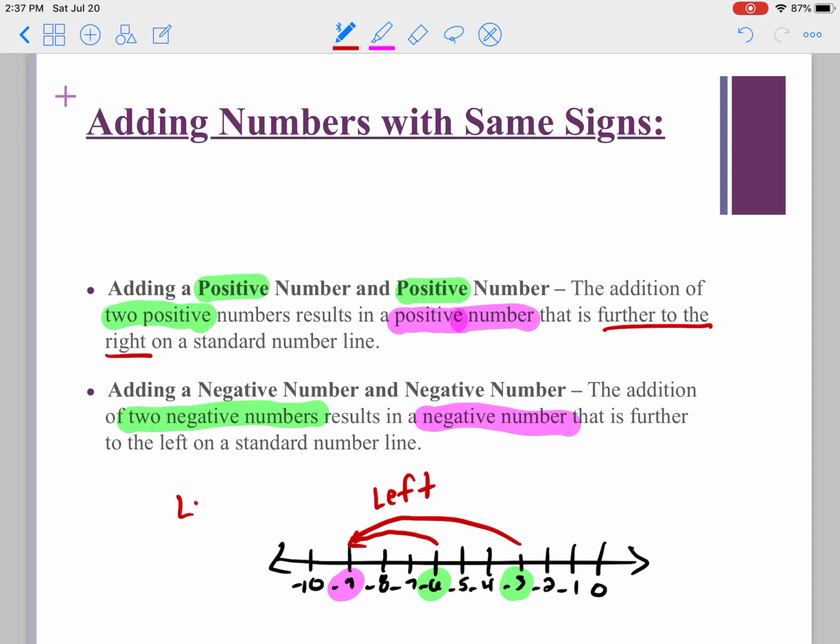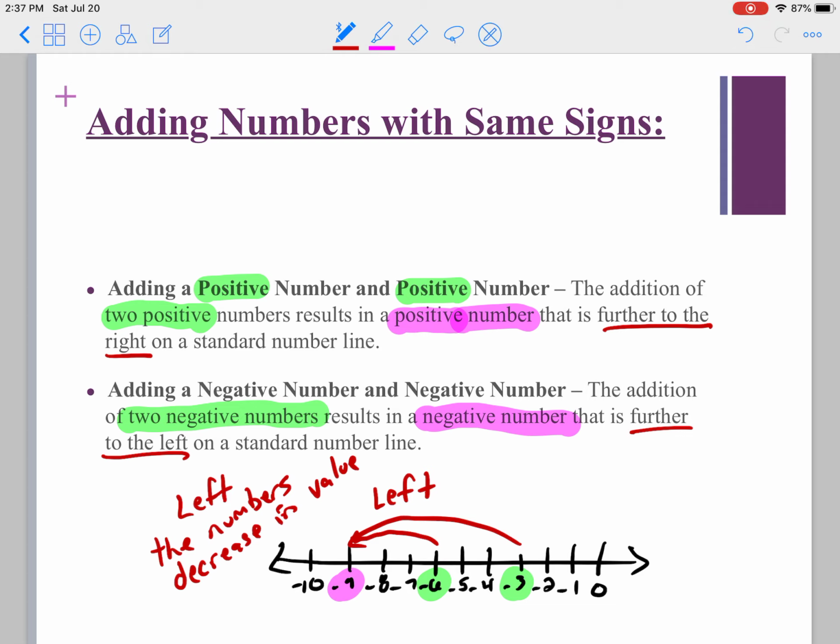So that is a visual representation on the number line of what happens when you add numbers with the same signs.